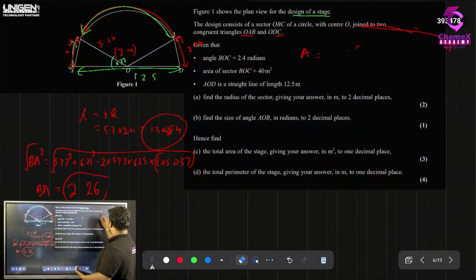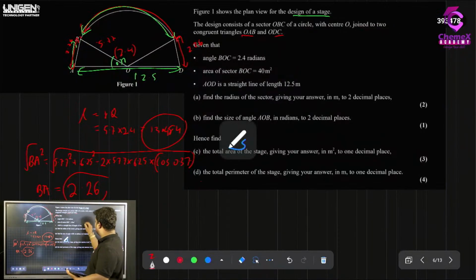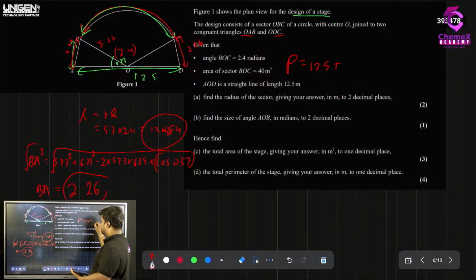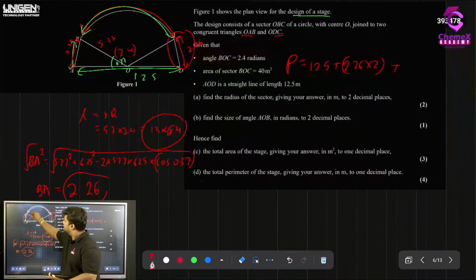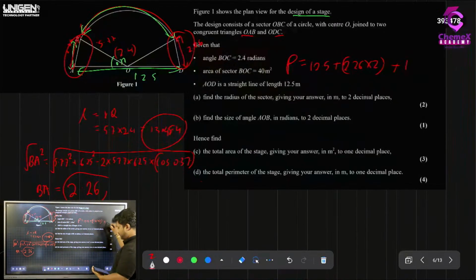No, sir. So total perimeter is going to be 12.5 plus 2.26 into 2, because you have two of those sides, plus 13.484.